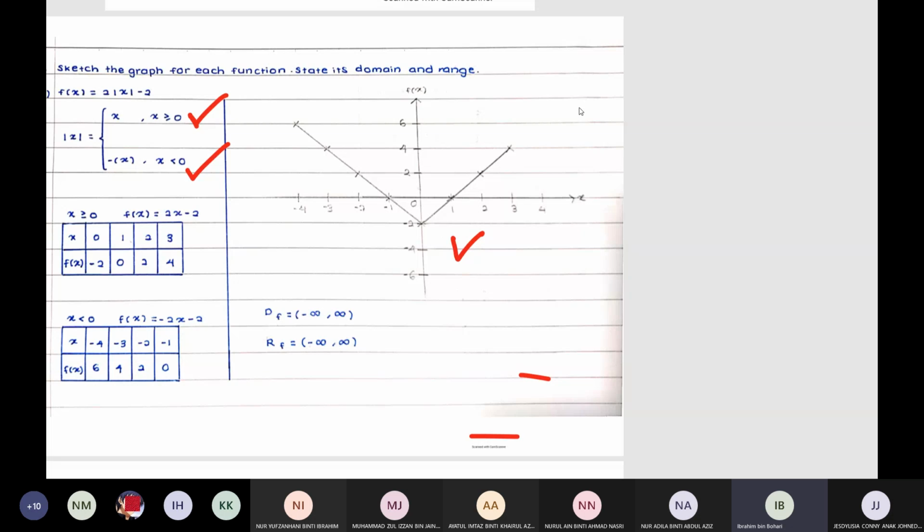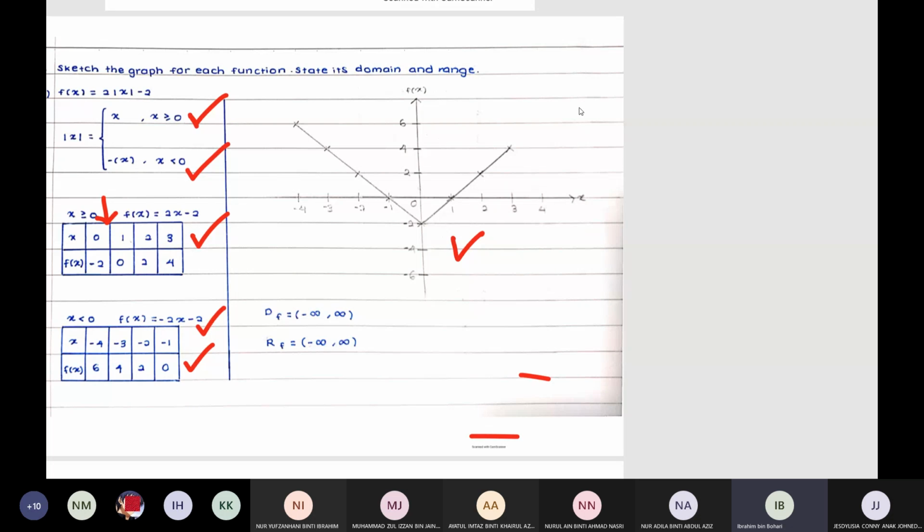First function f(x) equals 2x minus 2 and domain greater than or equal to 0. And the table, at least 3 values, start at 0. y equals negative 2, 1, 3 to the positive infinity. And second function negative 2x minus 2 and domain less than 0. So first value here x equals negative 1 to the negative infinity.